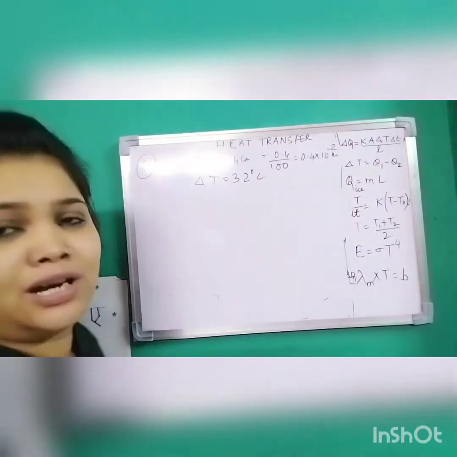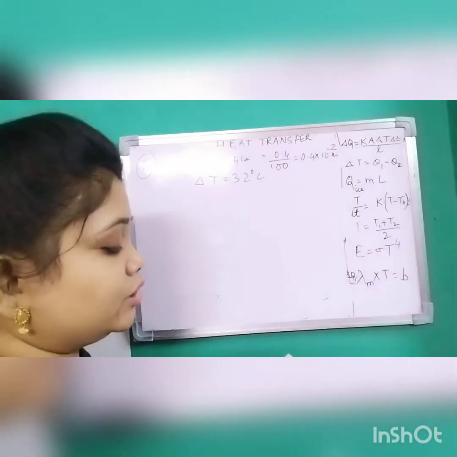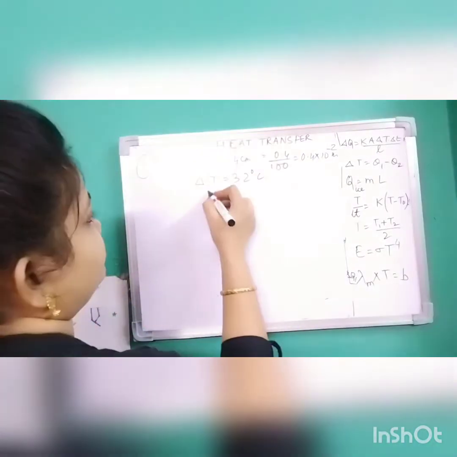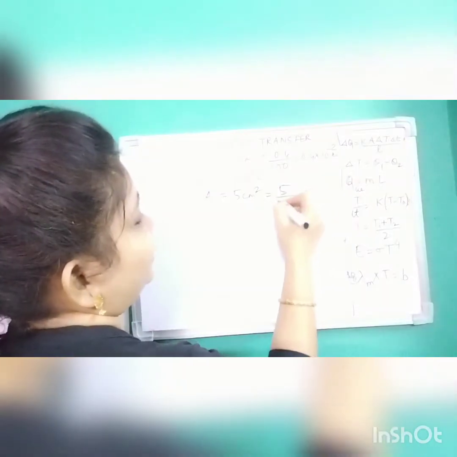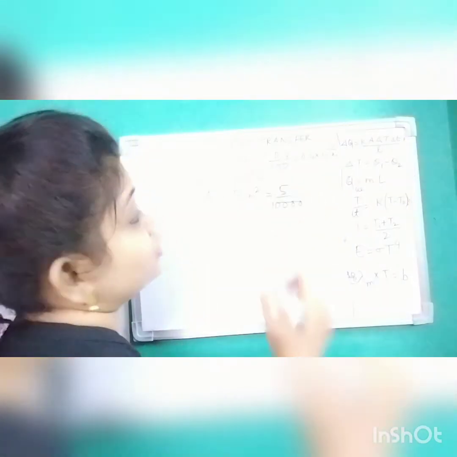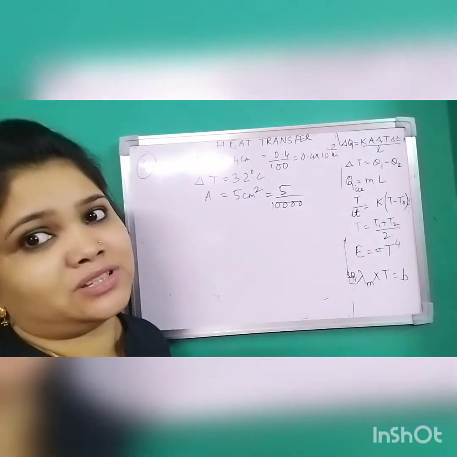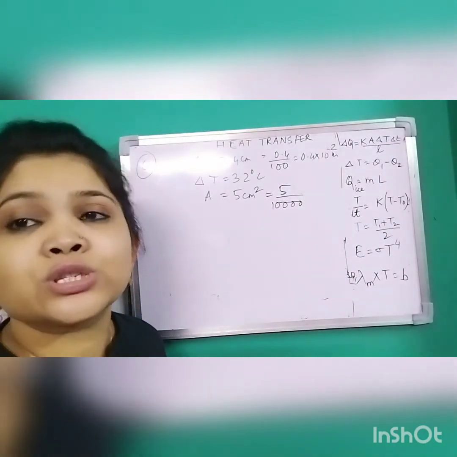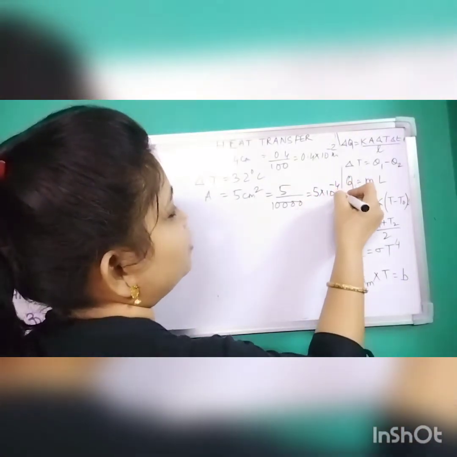We don't have to solve because delta T is given to us. It transmits heat through an area of 5 centimeter square. A is given as 5 centimeter square. Since 1 centimeter is 1 by 100 meter, centimeter square is 1 by 100 whole square, which is 10 to the power of -4 meter square.